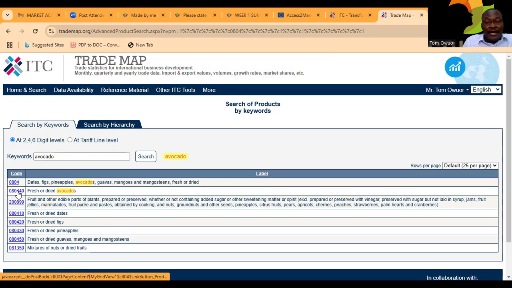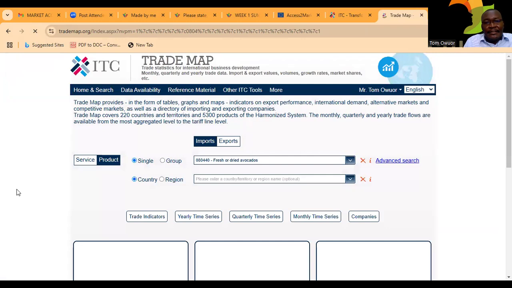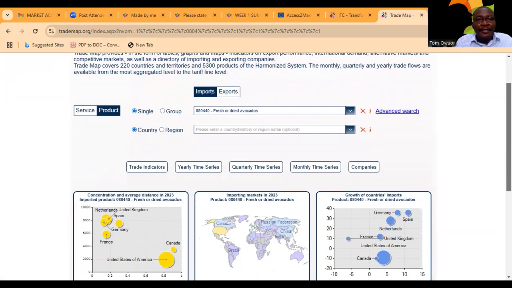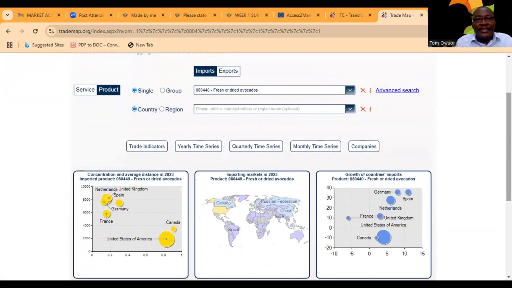So this is where we are, because this is the code for avocados. Then you click on this. We have now clicked on avocados, and therefore you can see there is a map here. So let me click on this map.